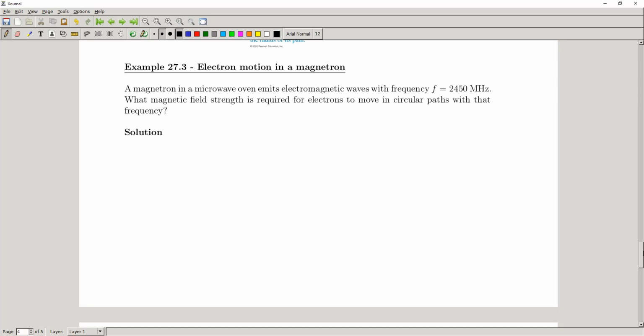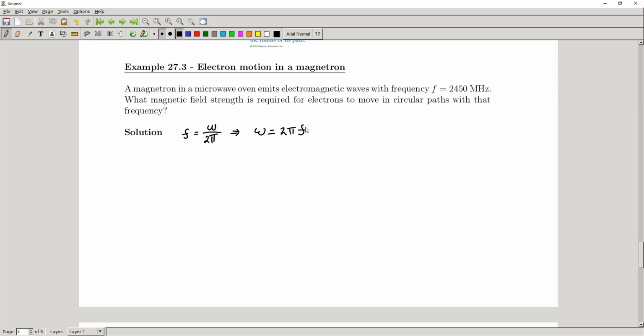Well, this is really just going to be using the equations from above and maybe a little bit of knowledge from our uniform circular motion in Physics 111. We should remember that our frequency is equal to our angular speed, or angular velocity if it were a vector, over 2π, right? So we can rearrange this. We can get our angular speed is just going to be equal to 2π times our frequency.